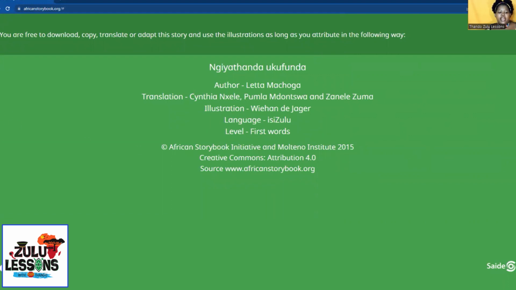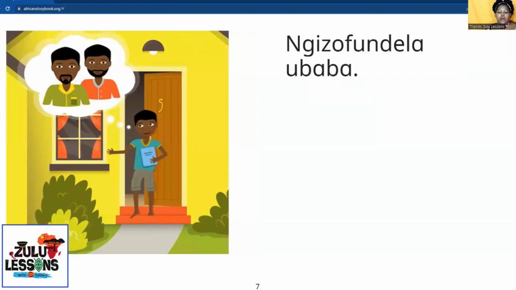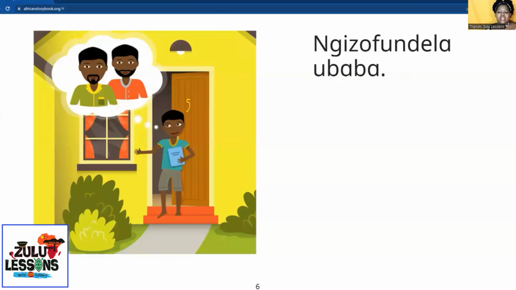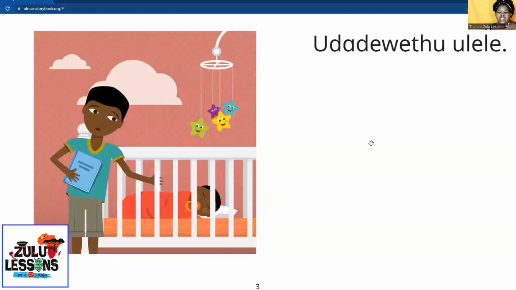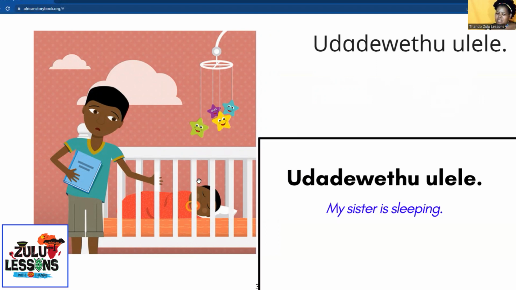I do have one little thing that I wanted to add here so that you can just start paying attention to these every now and again when you see them. Look at my sister. My sister is sleeping. This is in the present tense. He's telling us things that are happening right now where he is.